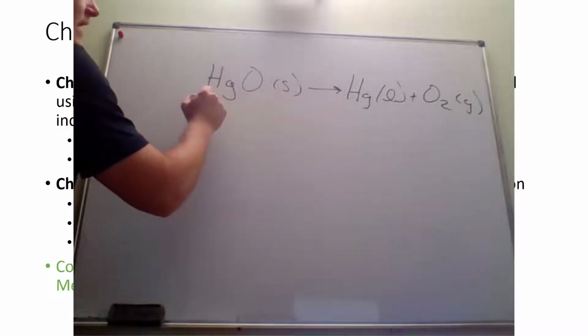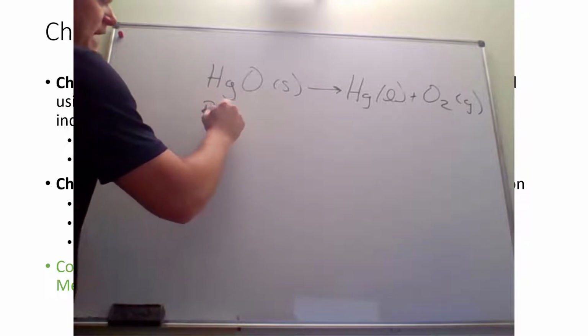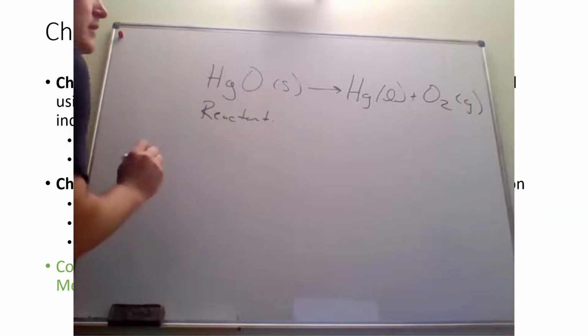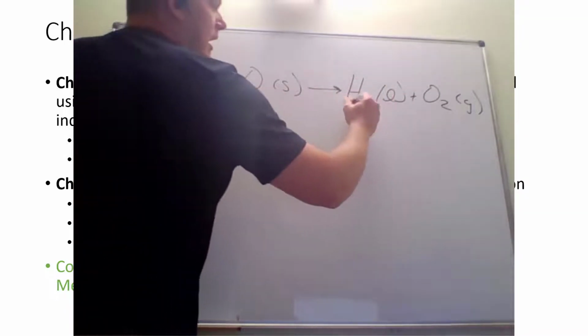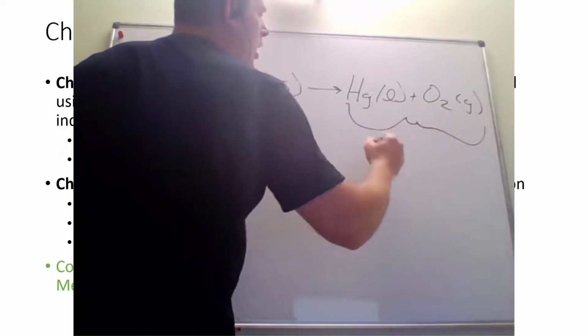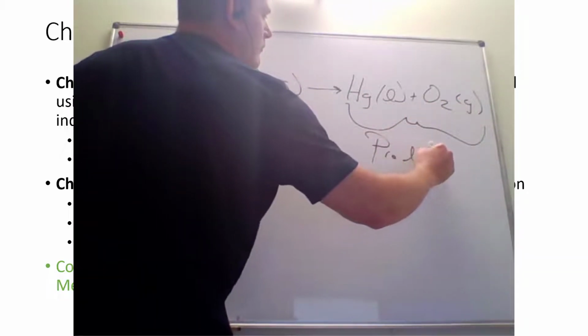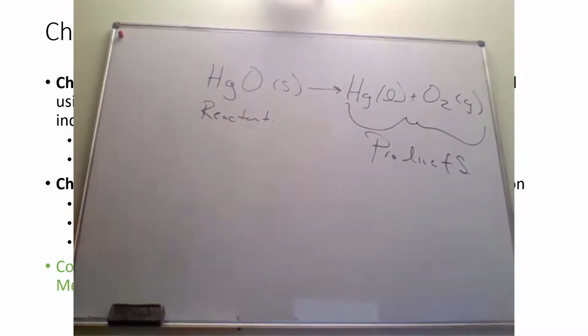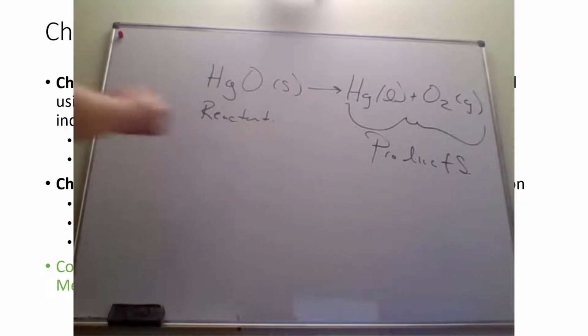On the left-hand side, the mercury oxide is the reactant, and on the right-hand side, both of these together are the products. So we have this chemical reaction, with the arrow in the middle showing that a chemical transformation has happened to form mercury and oxygen.